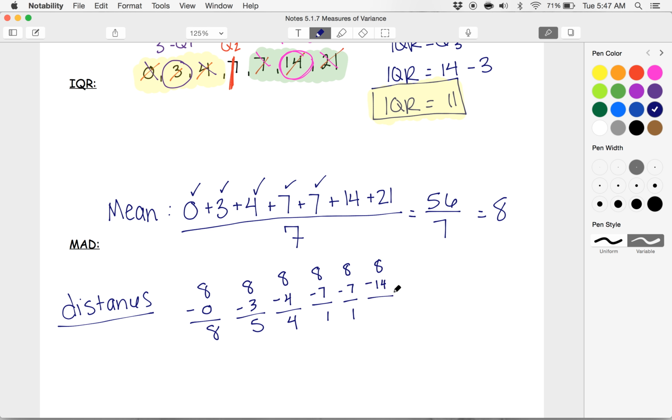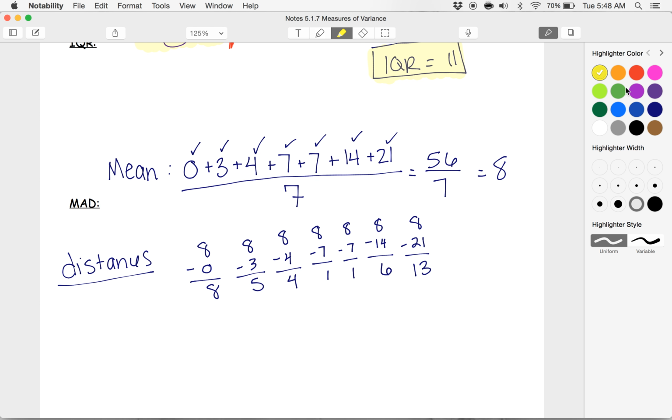I'm going to get a negative here, negative 6, but I'm going to just write 6. And then 8 minus 21. Again, I get a negative, but I'm just going to write 13. Get them all? 1, 2, 3, 4, 5, 6, 7. Yes, I did. So now we're going to take all of these new data points here.